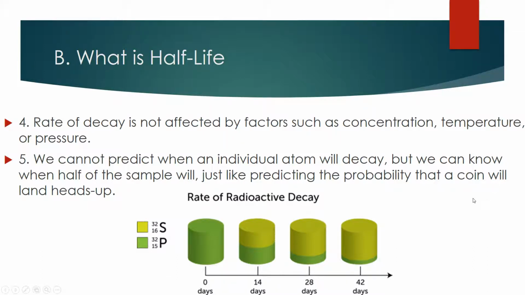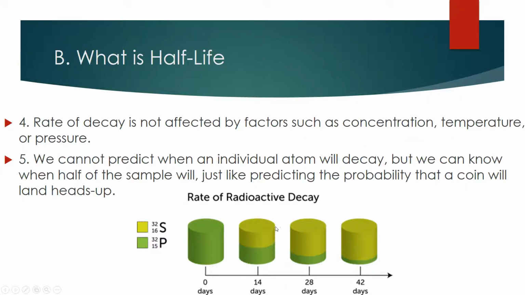If we were able to look at a whole sample of atoms, we can't predict when a single atom is going to decay, but we can look at the overall sample, and if we know how much of the sample we have, we can predict how much is going to be left. Here we know that the half-life of phosphorus-32 is 14 days.